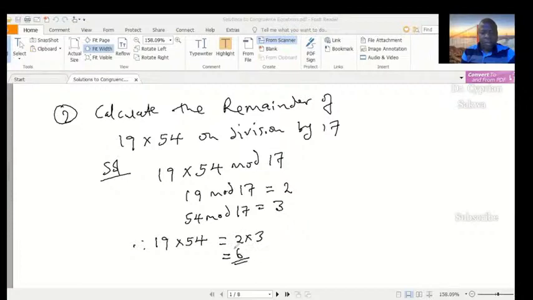As I said, you may want to multiply this and then divide by 17 and see the remainder. But in complicated questions, you may want to simplify: find the remainder for each part and then get the product of the remainders. That's what I've done. So the remainder is 6.